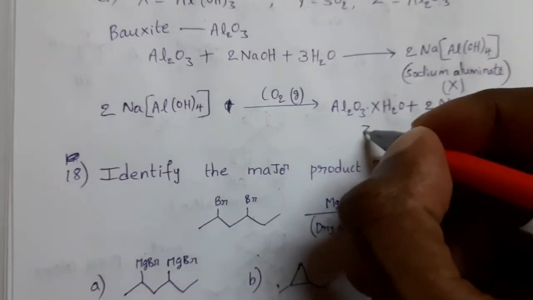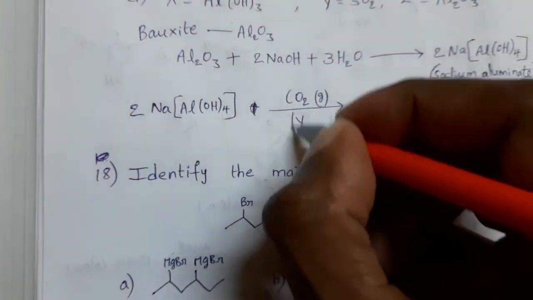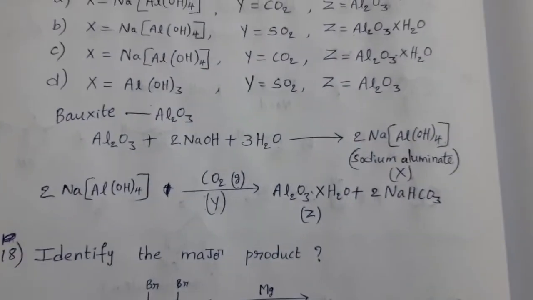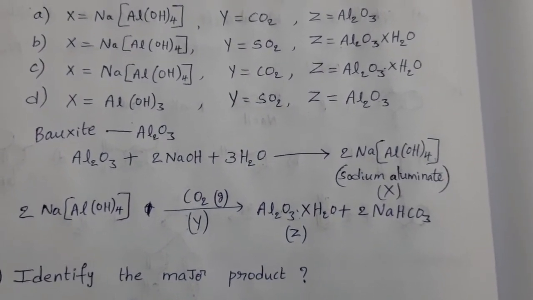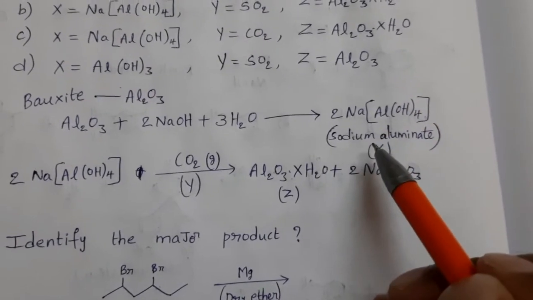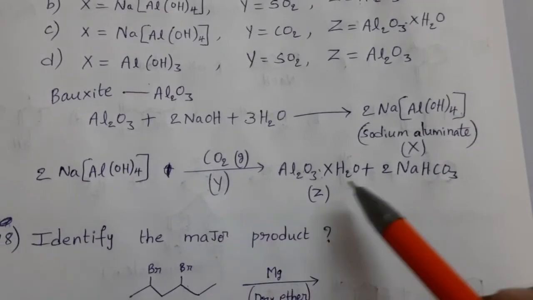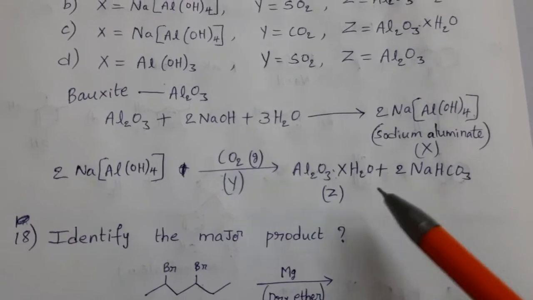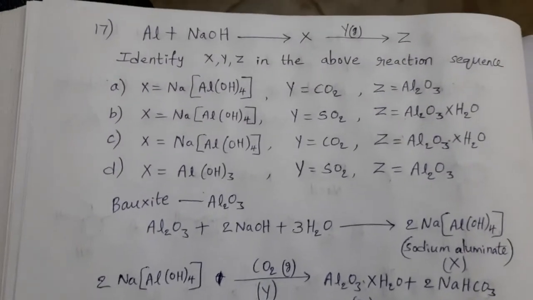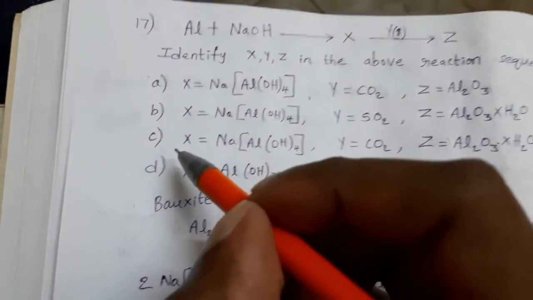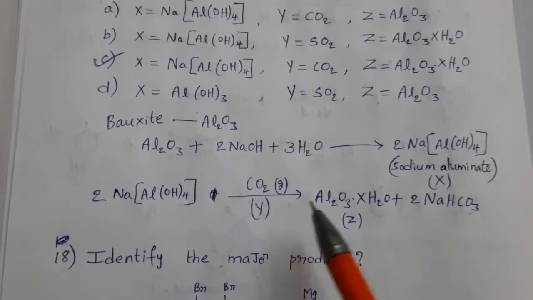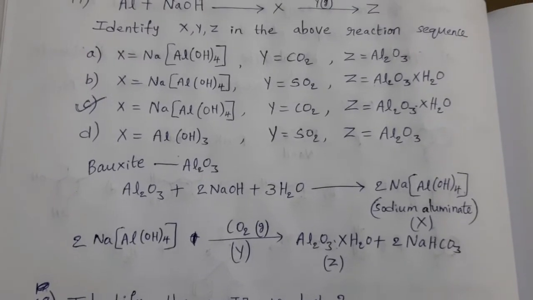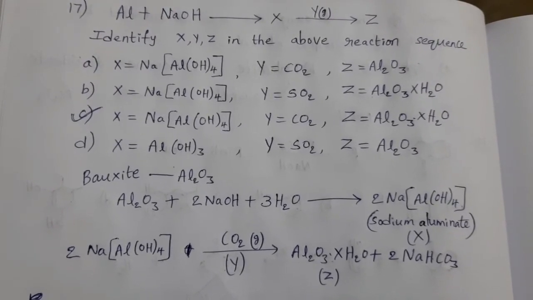So this is Z, and this is Y. So finally X is Na[Al(OH)4], sodium aluminate, Y is CO2 gas, Z is hydrated alumina. Then what is the suitable option? Option C is the answer. These equations are given in the NCERT textbook, class 12, 6th chapter.